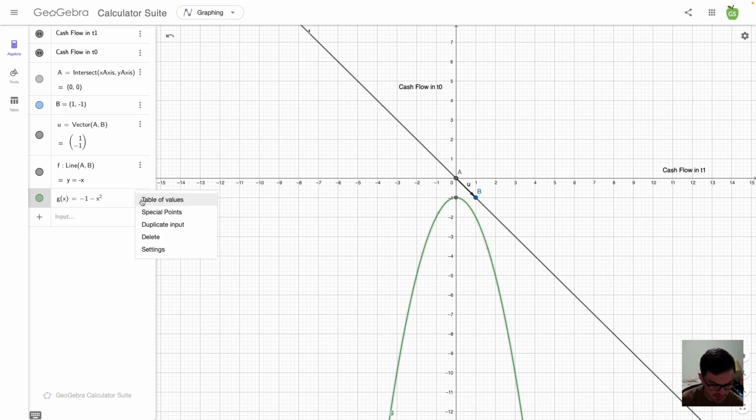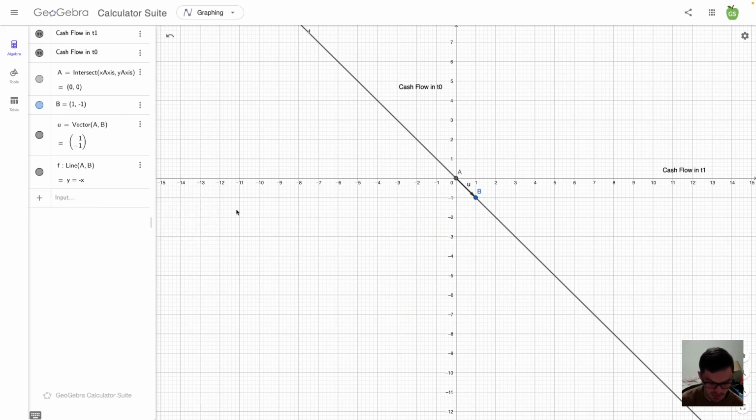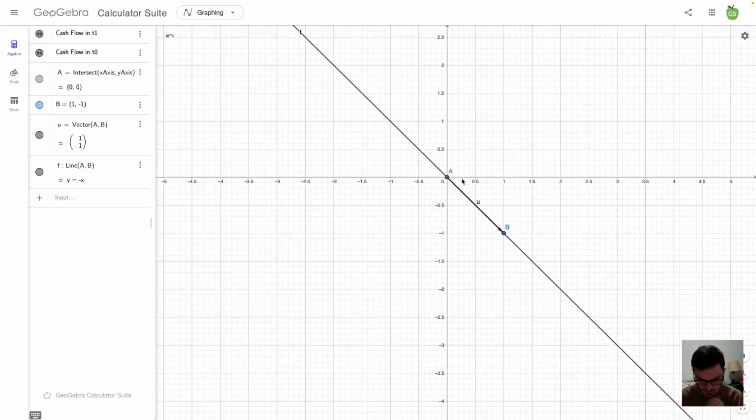Okay, so now that we've talked about what it is, I'm going to go ahead and delete this. I'm going to talk about why it is. So the reason why this is equivalent to the statement law of one price is because what it's saying is, incrementally, let's just zoom in here.